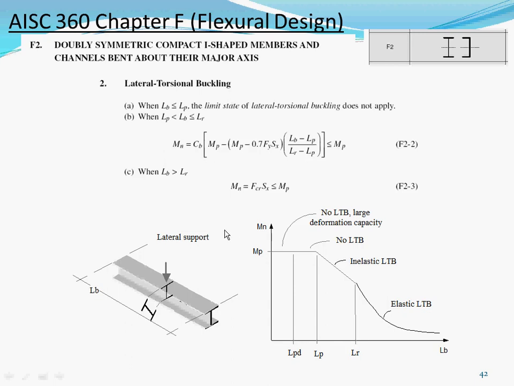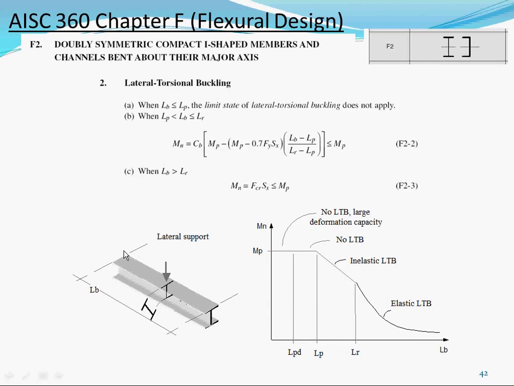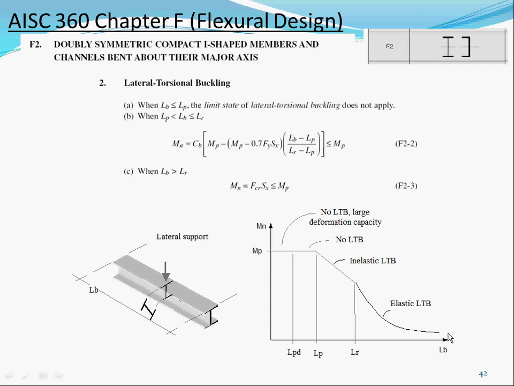Lateral torsional buckling, like I said before, depends on where you're bracing, where you're supporting your beam or your column. For Lb less than Lp, you get the full Mp capacity. However, once you pass that, then your moment is going to decrease significantly.